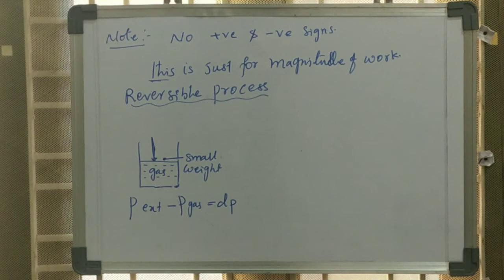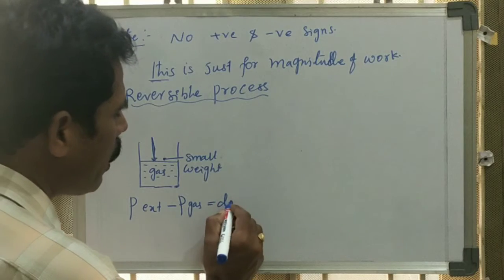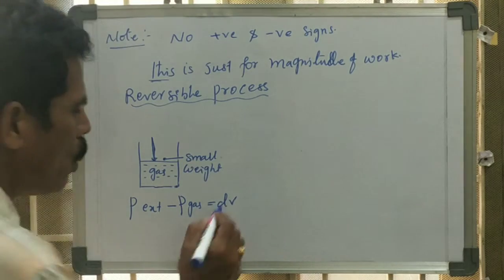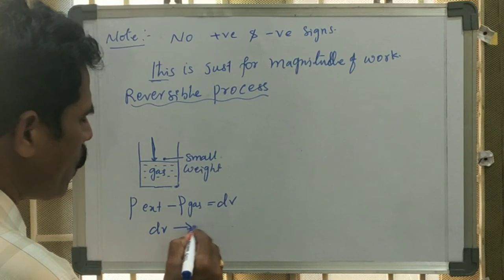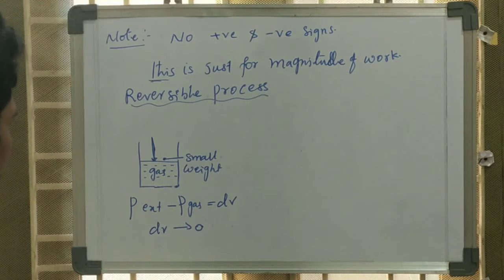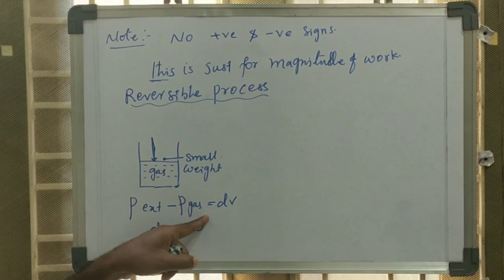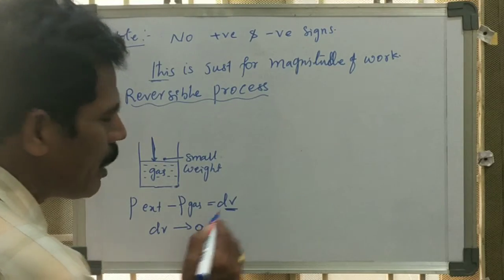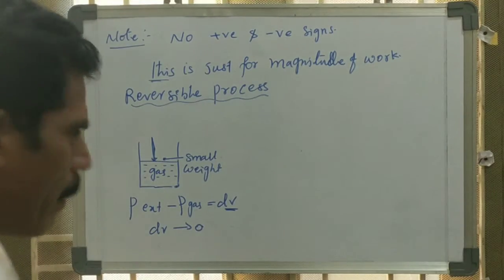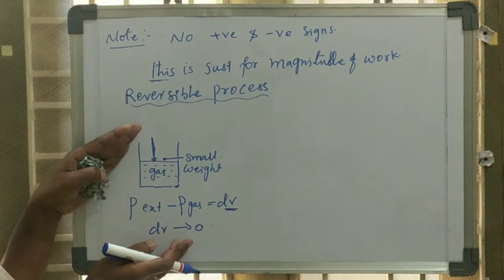Here, let me write V, so dV tends to 0. It means pressure external minus pressure of gas is equal to dV. dV means a small change. The small change will happen under the reversible process only.